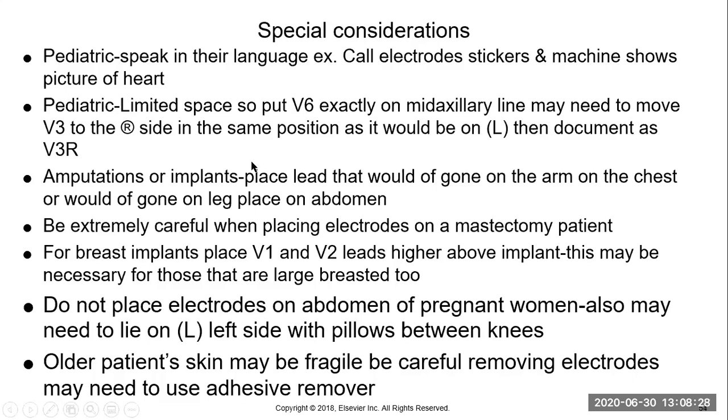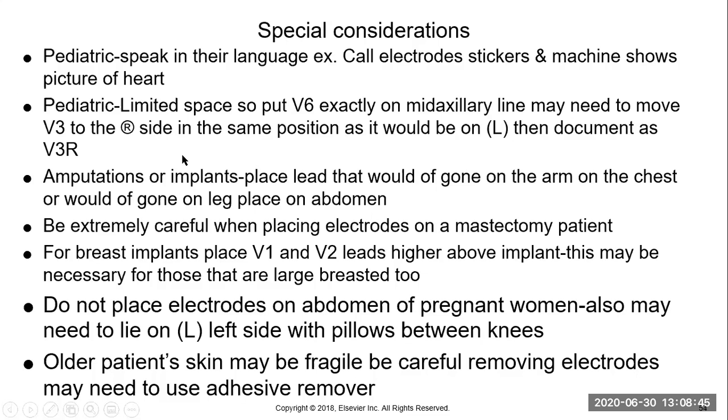So for instance, if you needed to move the V3 to the right side in the same position, you would document it as V3R. Okay, so that's just an example.